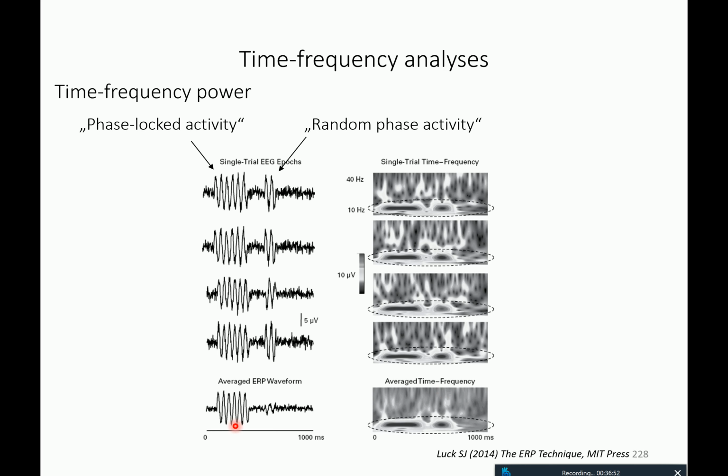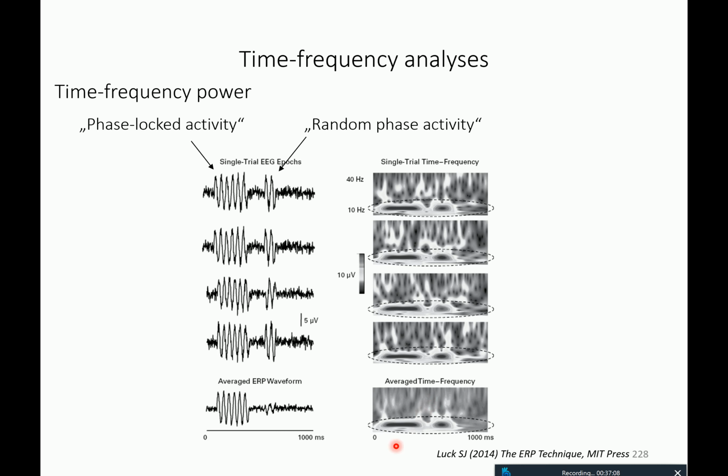So if you subtract the time frequency decomposition of this ERP from this average time frequency plot, so from the total spectral power, then you would only see the non-phase locked activity. Yeah, so here you have a mixture of phase locked activity, as you can see, because this was phase locked here. This shows up in the total spectral power, and non-phase locked activity. So this shows up here.